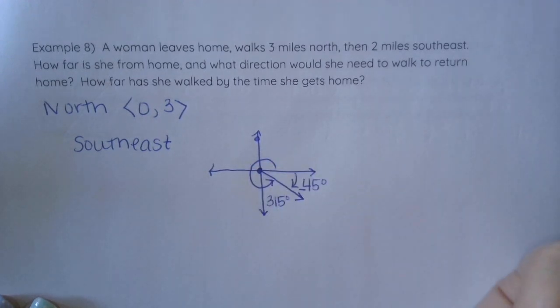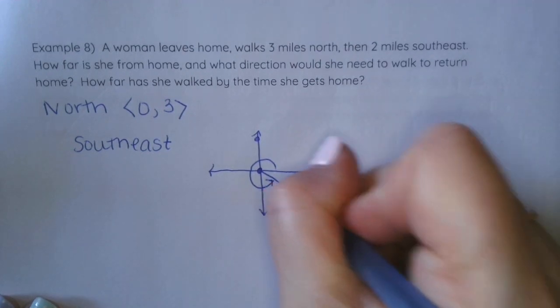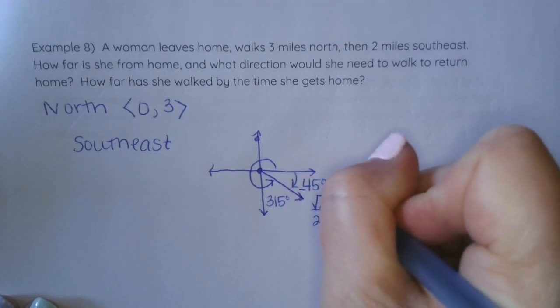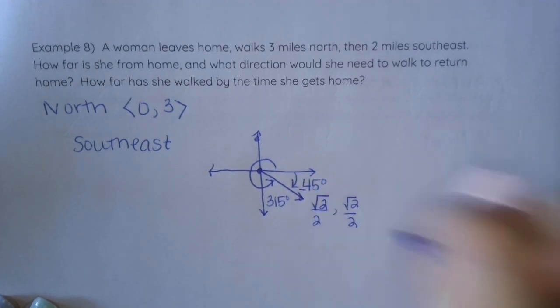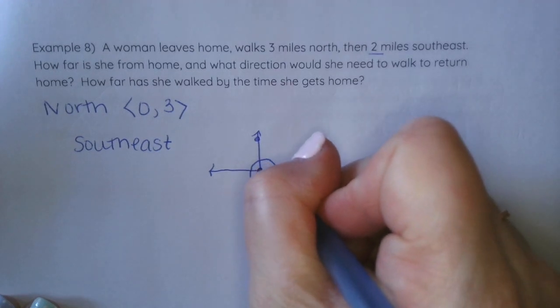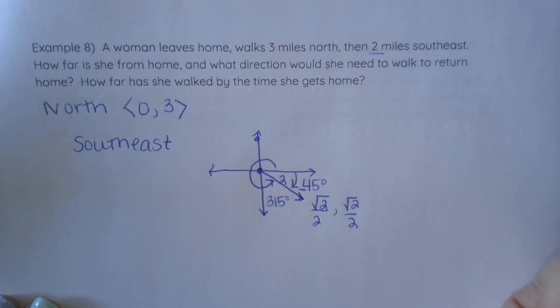We're going to assume she's walking perfectly southeast. I know that this ending point here is square root 2 over 2, negative square root 2 over 2, according to our unit circle. I know that I've gone 2 miles, so the length of this is 2 miles.